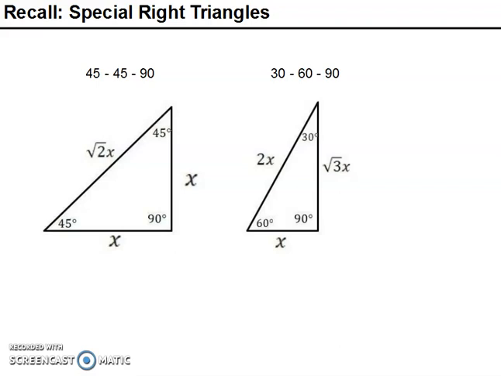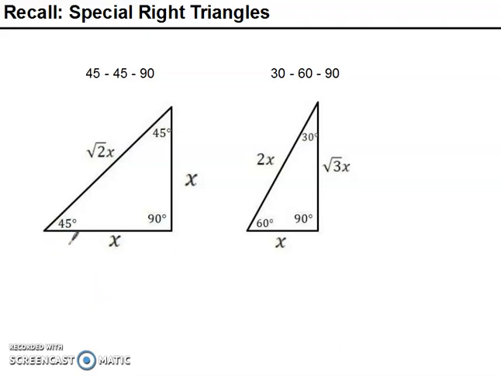We have two very special types of right triangles, and that would be the 45-45-90 triangle and the 30-60-90 triangle. The reason that these are special is because the ratios of their sides is always going to be the same. In a 45-45-90 triangle, we can call the two congruent sides x, and then the hypotenuse, which is always across from that 90-degree angle, would be square root of 2 times x.